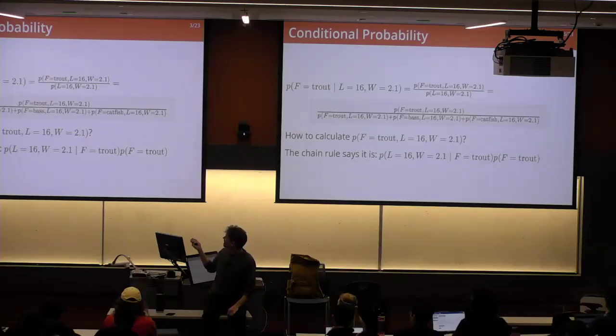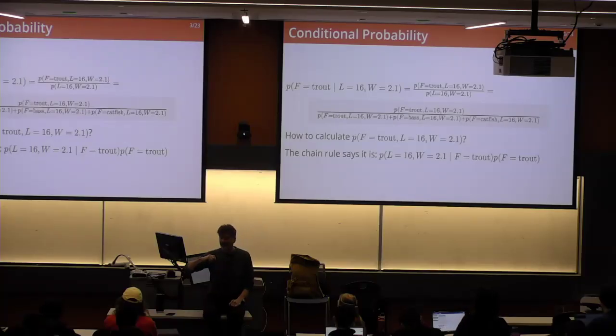And this thing in the denominator, the probability of seeing a fish with that length and weight, is just an average that's weighted on the different kinds of fish. So we can figure out the probability it's a trout with this length and width, the probability that it's a bass with this length and width, and a catfish with that length and width. And that summed all together is the probability that it's a fish that has that weight and length.